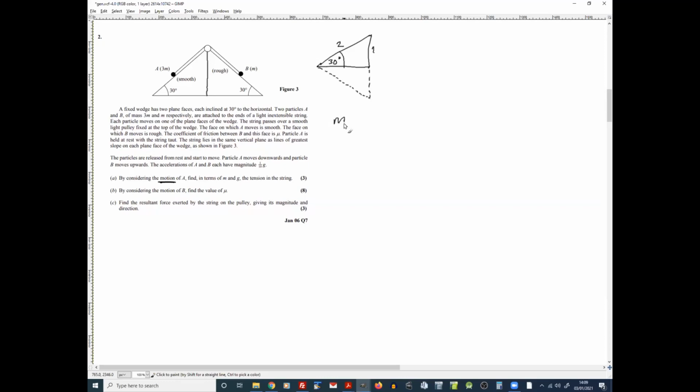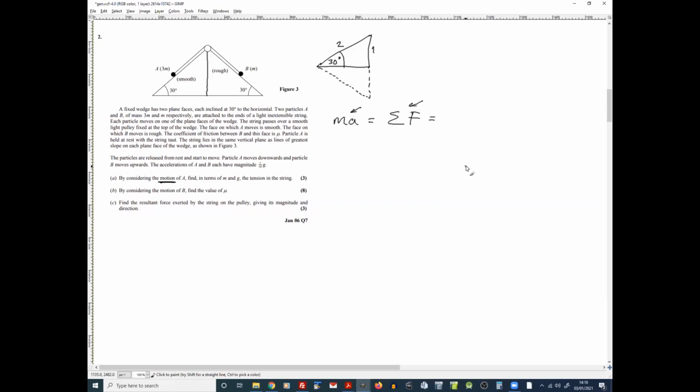Say mass times acceleration first equals the sum total. Now, which direction is the acceleration? Down the slope. So the forces that we're summing up are going to be heading down the slope. So what are all the forces looking down the slope?